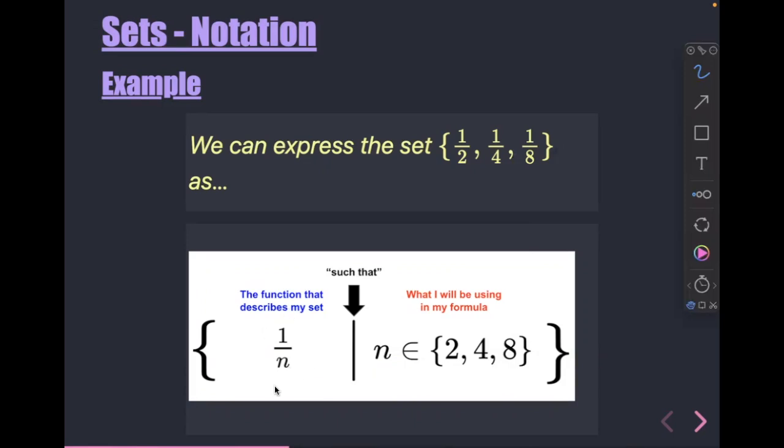It's kind of interesting because I'm using another set inside this definition. That's very common on this right side. You might see another type of set, maybe something a little simpler, like here we have 2, 4, and 8. So this would be one way I could define this set. And we'll get more practice with this in the future.